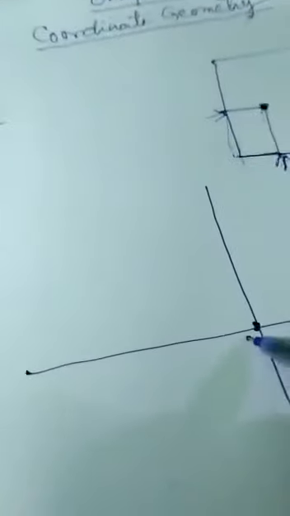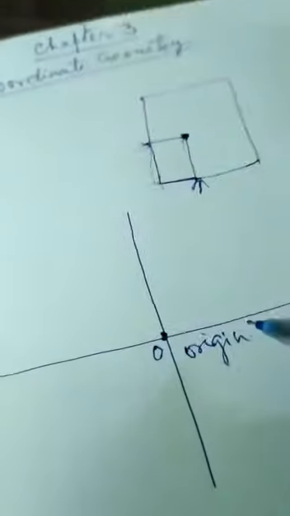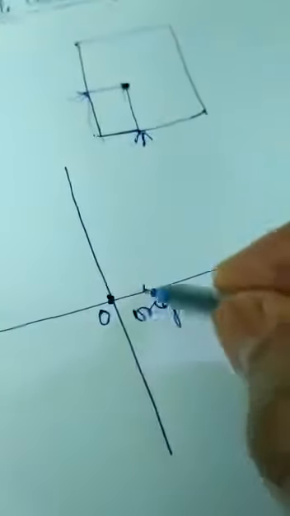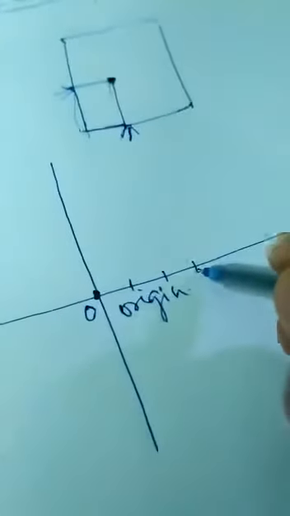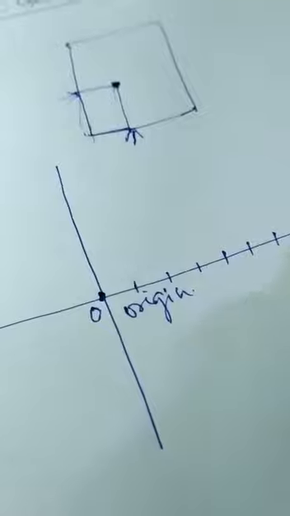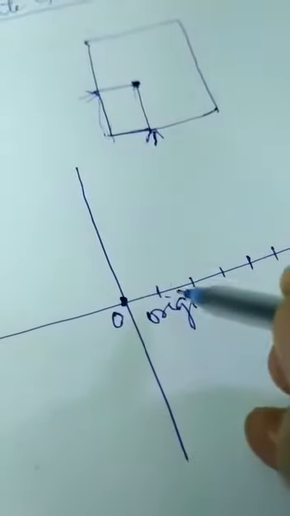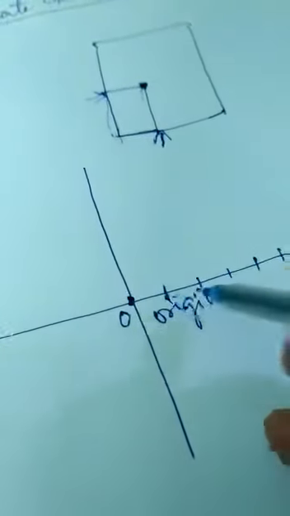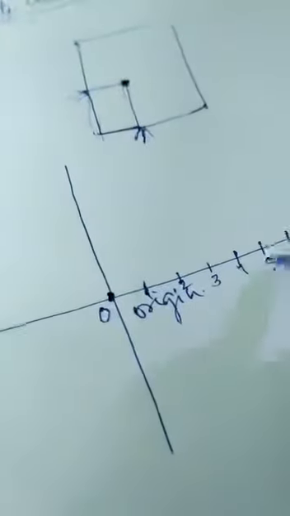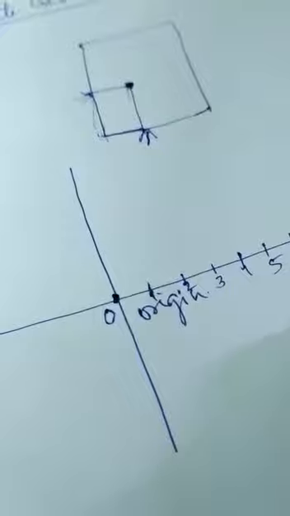This point O is called the origin, and take equal distances: 1, 2, 3, 4, 5, 6, 7. You are already familiar with number lines: 1, 2, 3, 4, 5, 6, 7, 8, and so on.